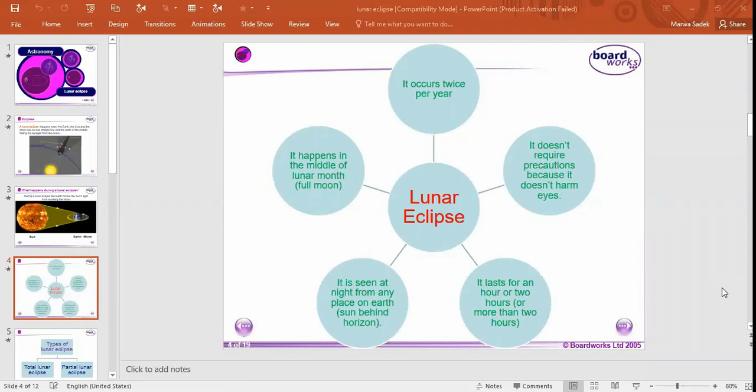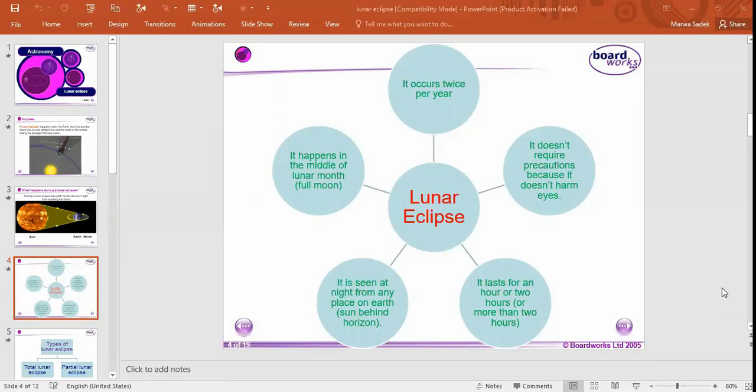It lasts for 1 hour or 2 hours or 3 hours. I can see lunar eclipse at night.